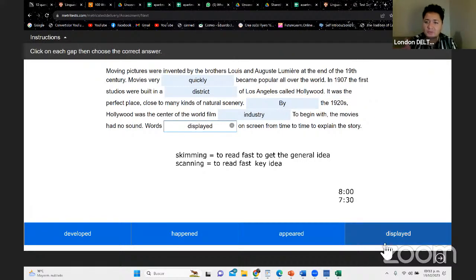So you need to pay attention because some words form a collocation. The word screen uses display. And if you don't have a screen, maybe it's another verb. This is a comprehension word, kind of, and vocabulary too, because it's a collocation.